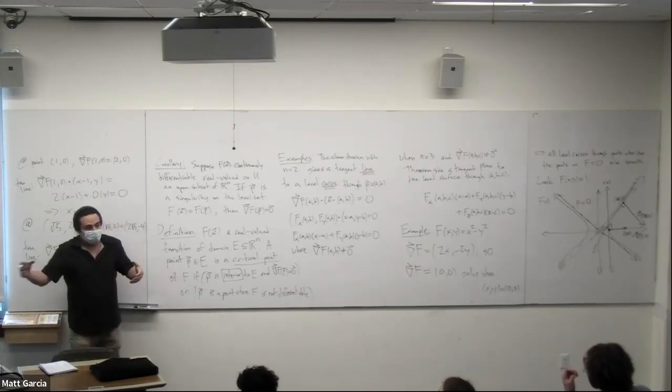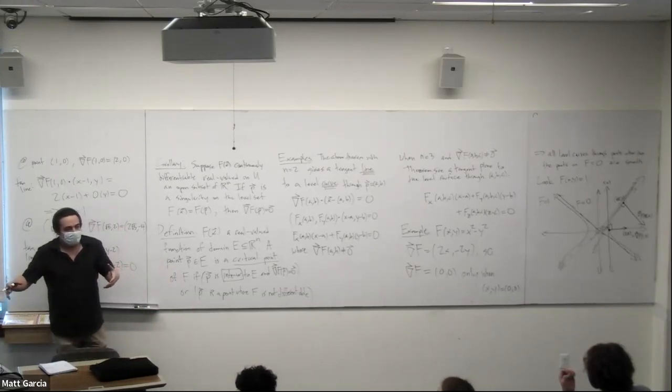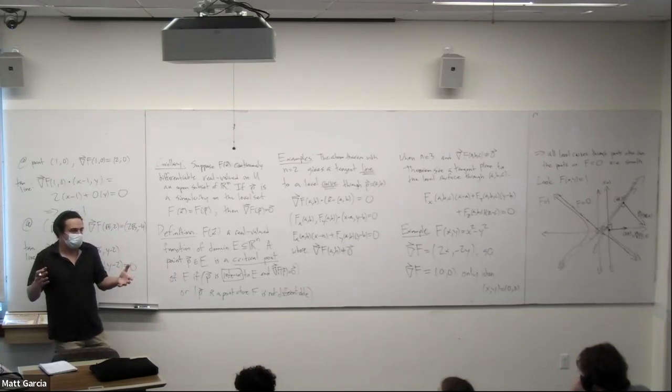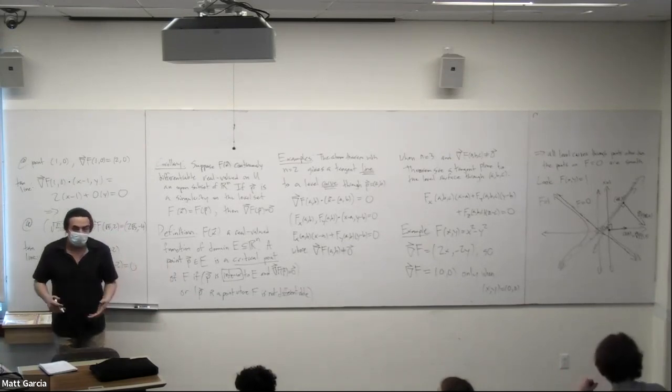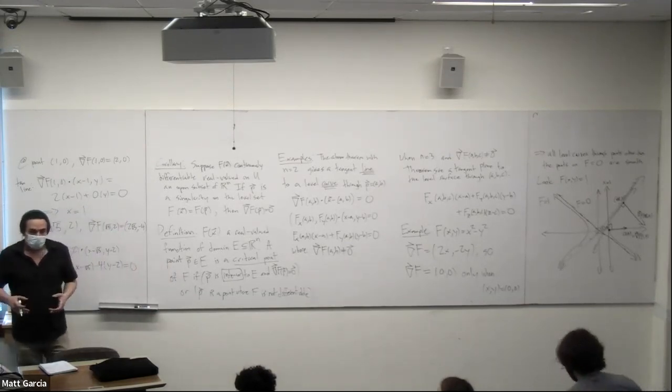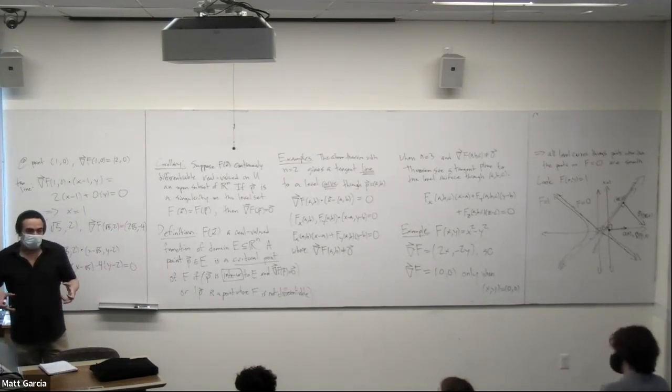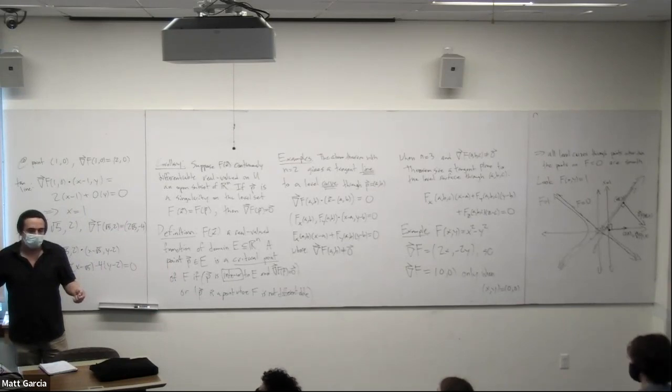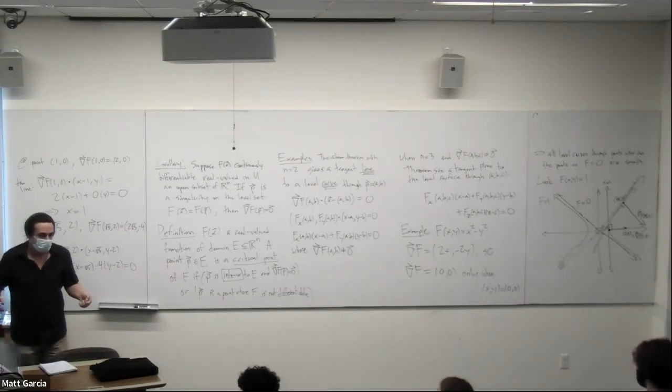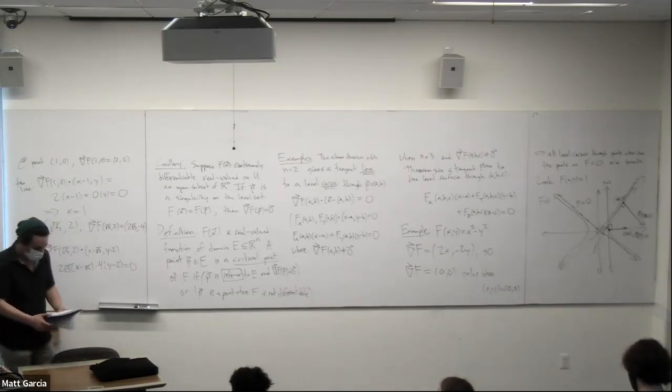So if your domain doesn't include points from every direction of a point, you can't differentiate at that point, right? This is the same thing as in Calculus 1, if you have a function whose domain is a closed interval, then you can't take the derivative at the endpoints, right? Okay, good.